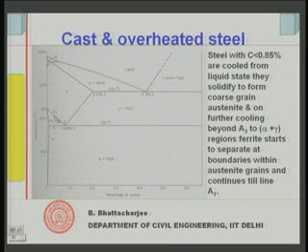If you cool it further beyond A3 and go to A1, here the combination is ferrite plus austenite, if you remember again from our previous discussion. So, this is alpha ferrite and this is austenite, so a combination of ferrite and austenite forms.